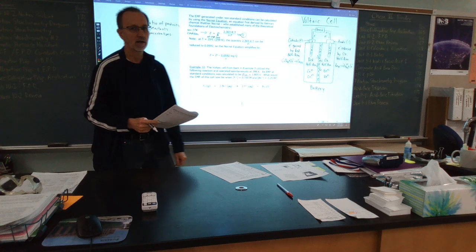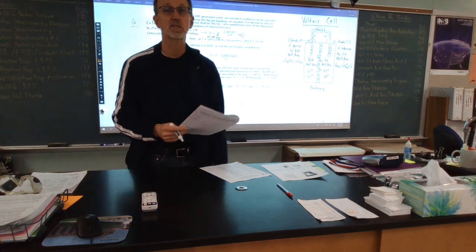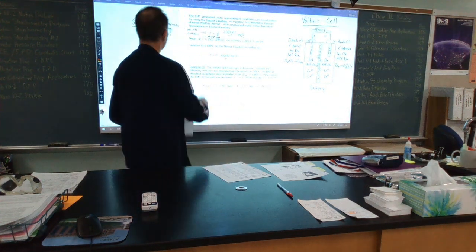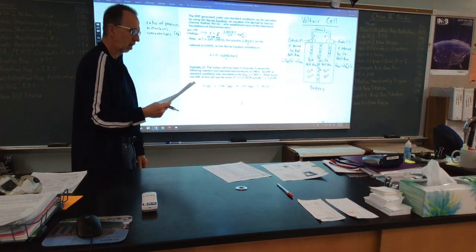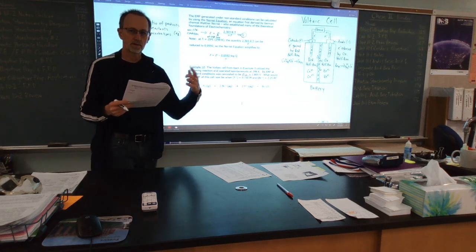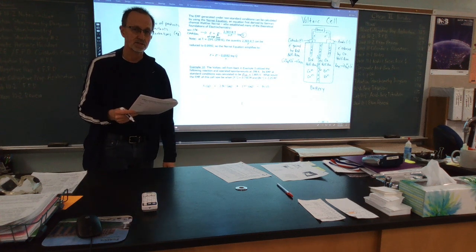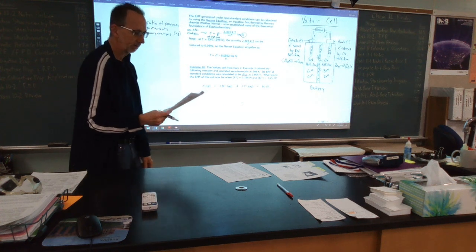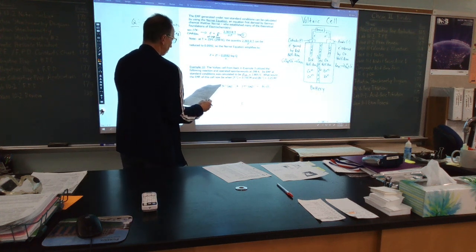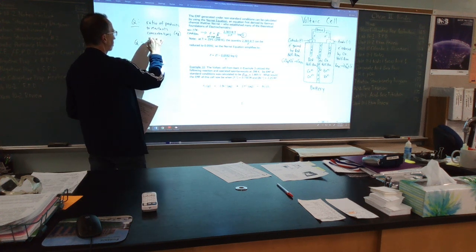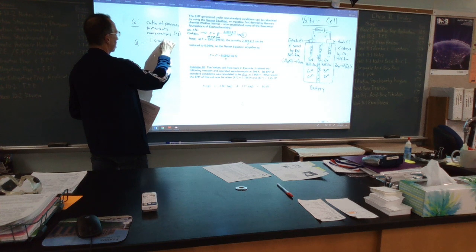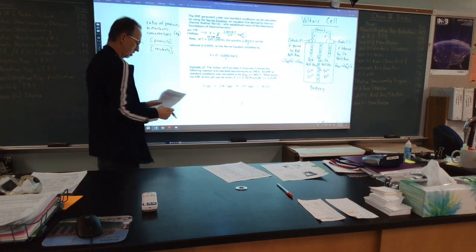Basically, what we're talking about here are reactants and products that are in solution. And remember, for solutions, we measure concentration in molarity. So basically, Q is equal to product concentrations over reactant concentrations.